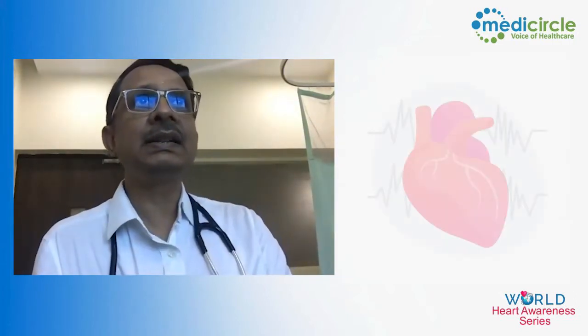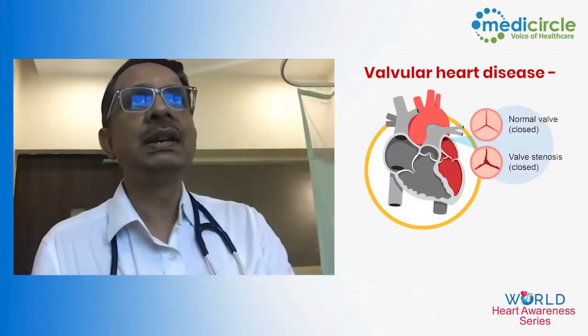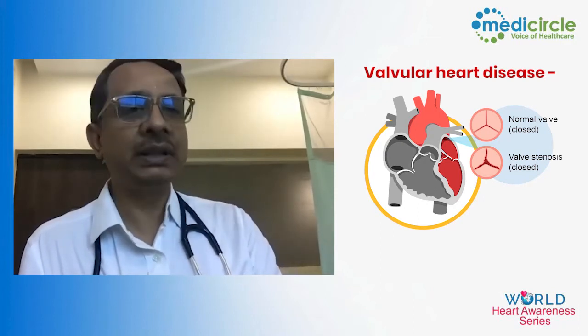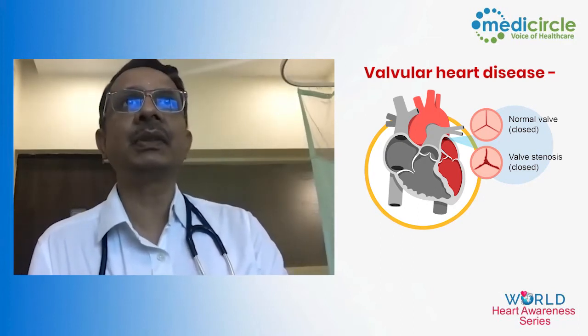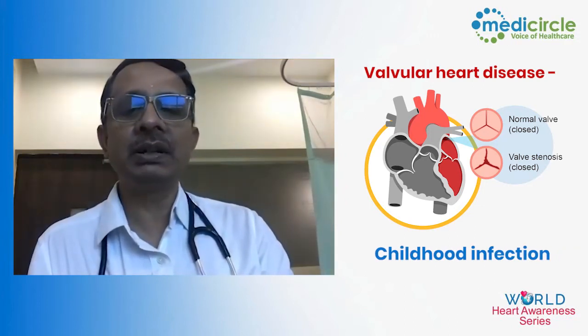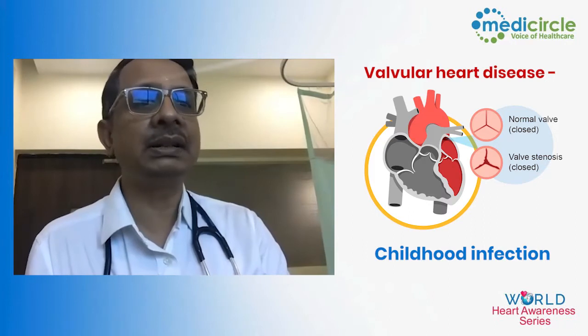Other is valvular heart disease. The heart has 4 valves, so these valves in the heart can be damaged by 2 things. One is by infection, which in India is commonly rheumatic valvular heart disease.